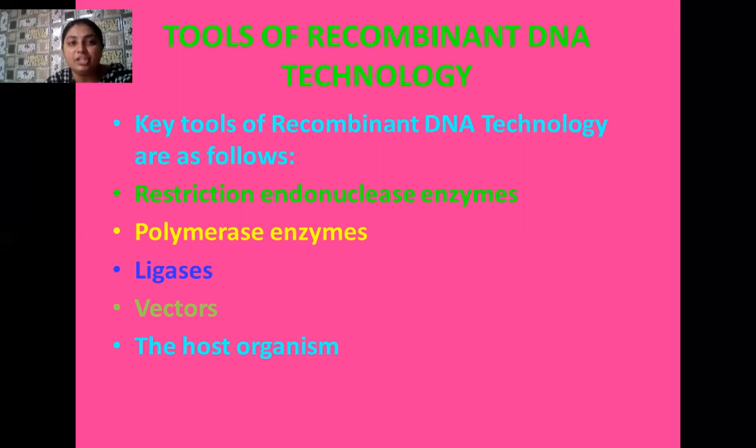That is our gene of interest, which finally enters into the host bacterial cell. So in this way, we can take the advantages of these vectors, which are plasmids and bacteriophages, for our own purpose. That is for transporting the alien piece of DNA, or you can say recombinant DNA.